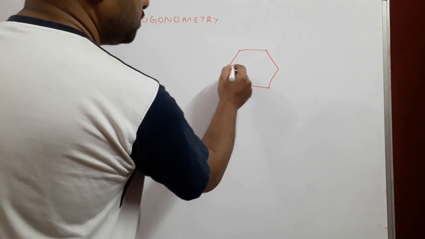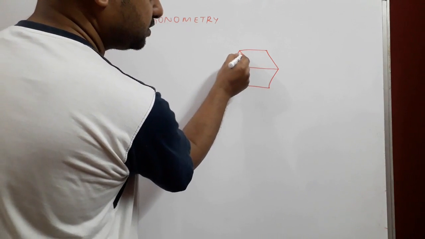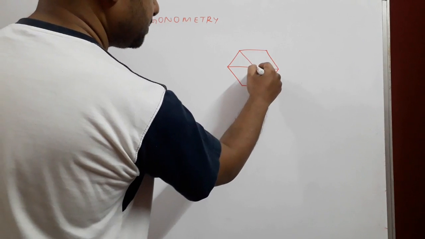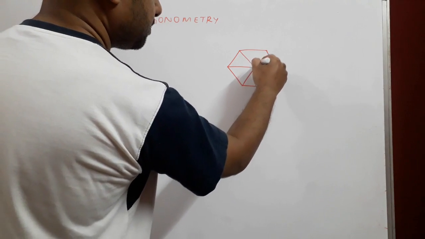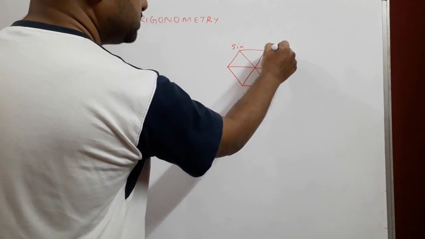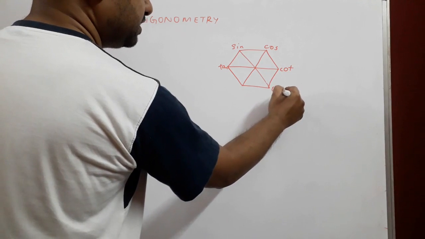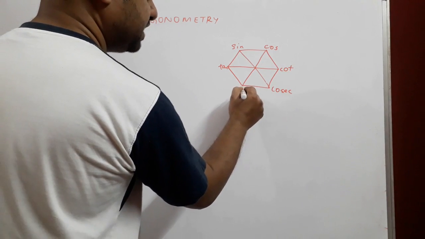Once again we will draw its diagonals this way, and we'll mark over here sine, cos, tan, cot, cosec and sec.